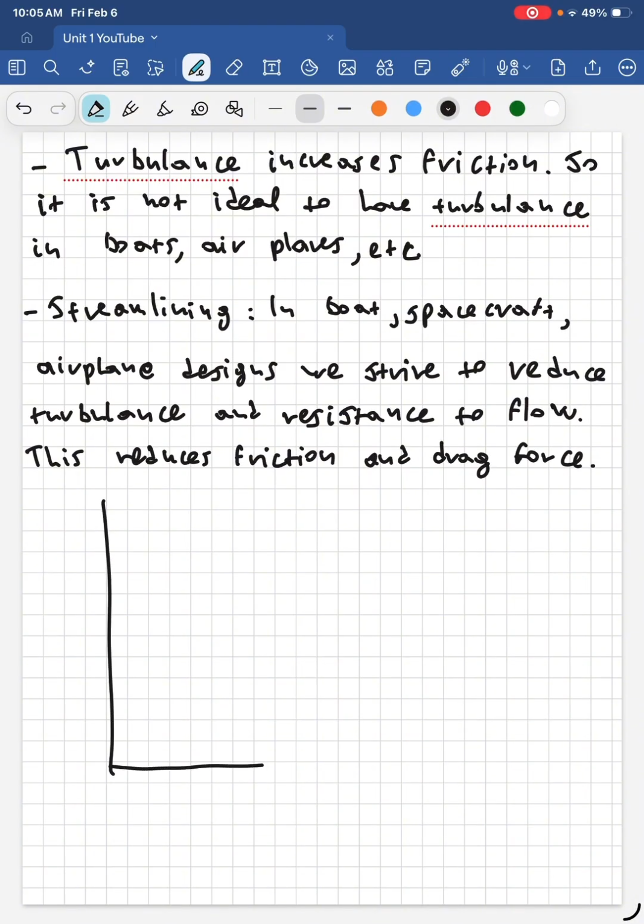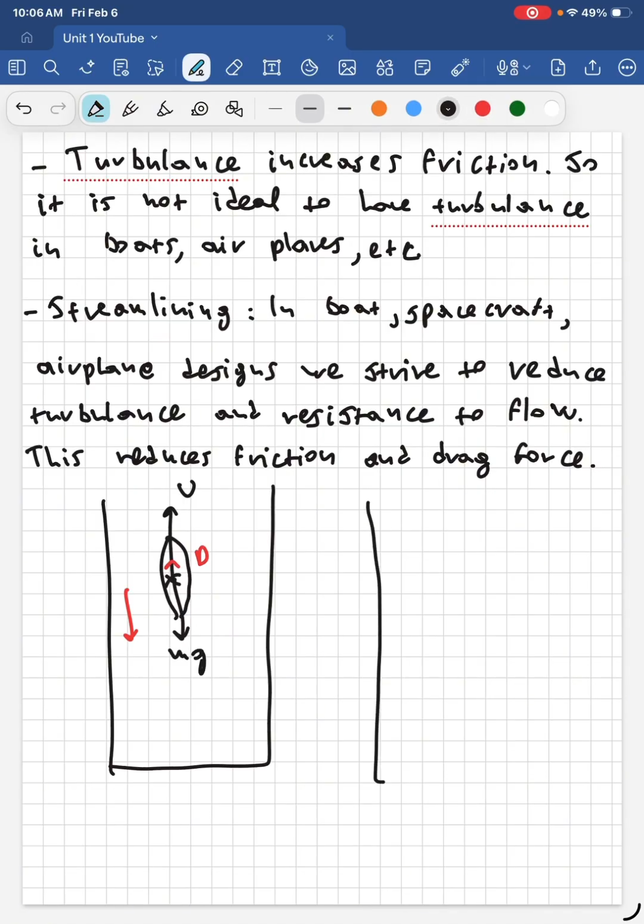For example, if we design something that looks like this, if we submerge it into water, it will experience its weight, the upthrust, and then a very small drag force, assuming that it moves down. But if we design an object to be like this, it will experience again its weight and the upthrust, but then the drag force is going to be large, because it's not streamlined.